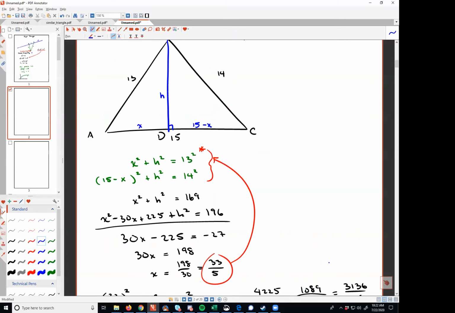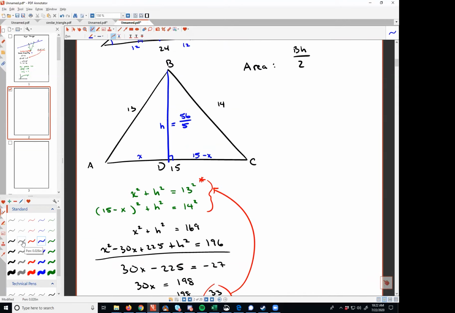So our height is 56 over 5. And now we can use our formula to find the area. Base times height over 2 is equal to 15 times 56 over 5 divided by 2, and we get 84 as the area.